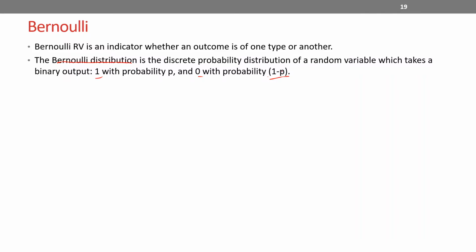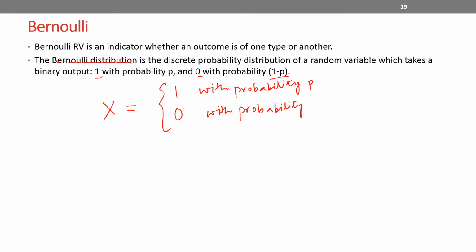The way we denote this random variable, let's say I'm using x again, is this. It can either get a 1 with probability p, and 0 with probability 1 minus p, right?